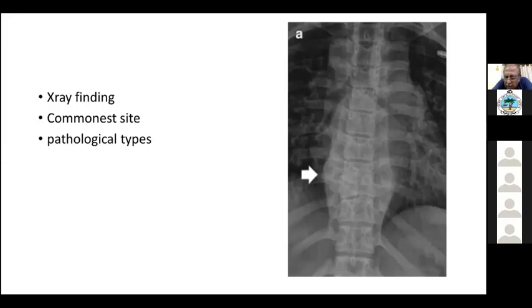Why does it affect that area commonly? What is the theory behind that? Infection spread through the epiphyseal artery. What is the peculiarity of this artery as far as the embryology is concerned regarding the development of the vertebra?